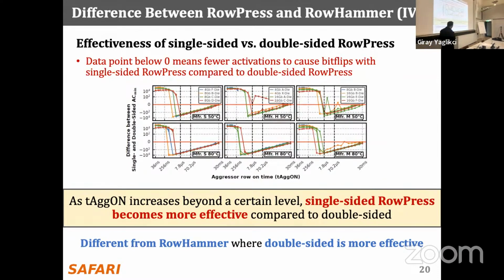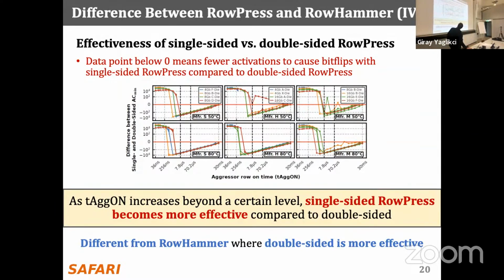On the y-axis, it's a bit complicated, but let me walk you through that. We have the difference between single and double-sided ACmin. We compare these two ACmin values in cases of double-sided and single-sided access patterns, and we get the diff of that, right?